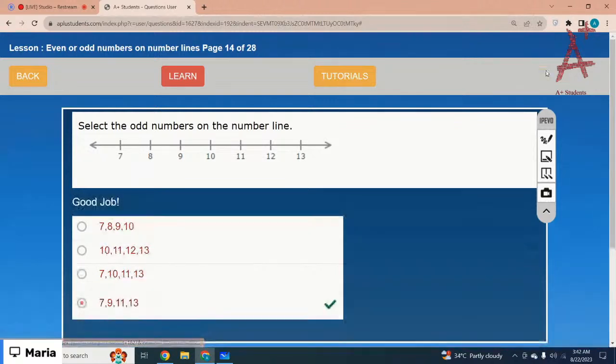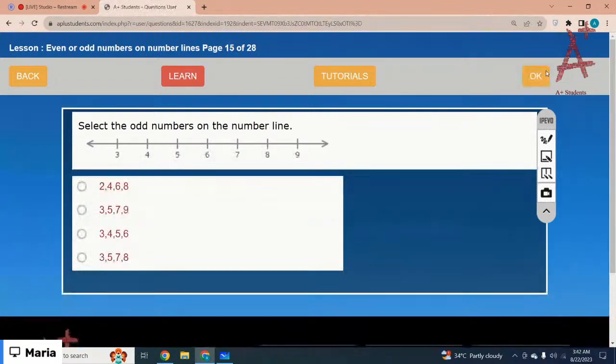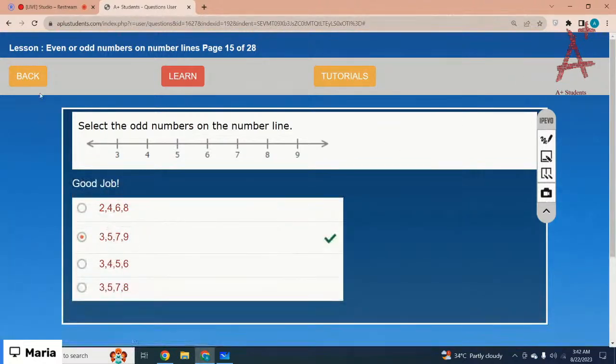The last option is the correct option. Select the odd numbers on the number line, which is the correct option. The correct option is 3, 5, 7, and 9, right? Okay, you can complete the lesson by yourself later today.